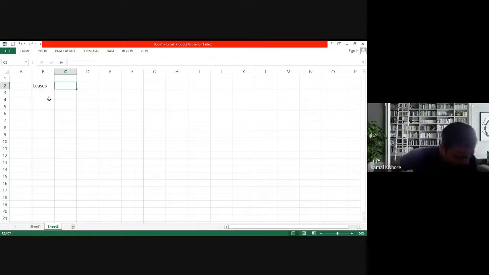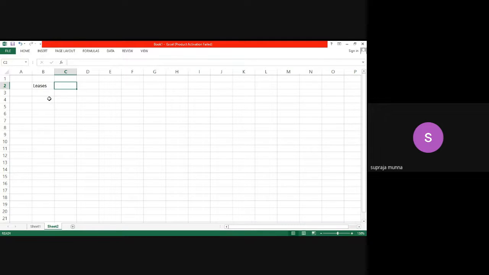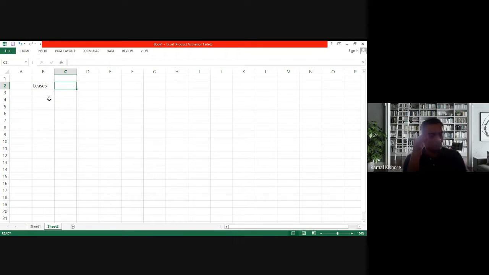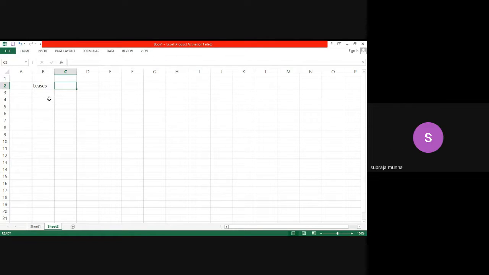Only the rent, the amount which it has paid to that company, will be booked in the P&L. So it will not be showing a correct picture.